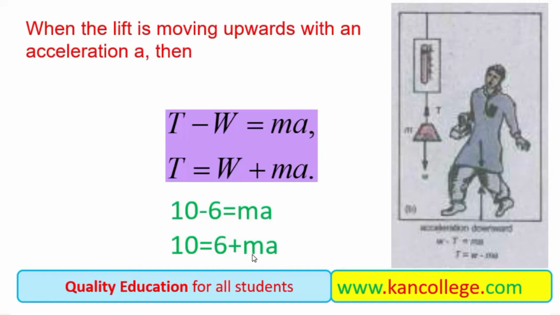It is increased by a value of ma. And tension defines the spring reading. If tension increases, then the spring reading will increase, so the apparent weight will increase. It means when the body is moving in the upward direction, the apparent weight of the mass looks more, or it increases.